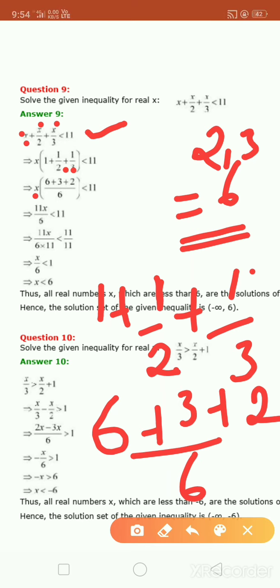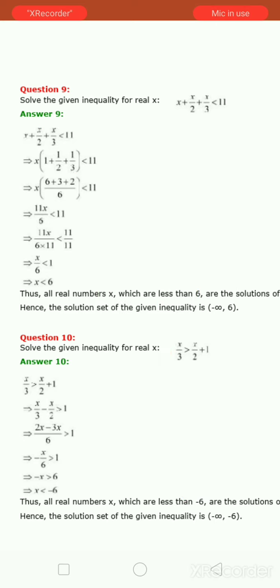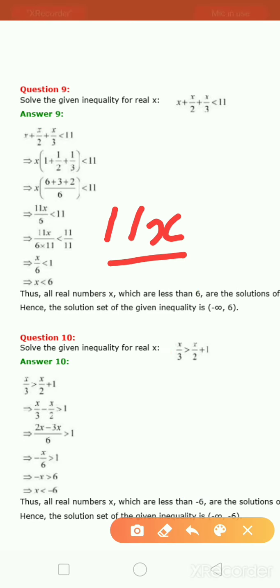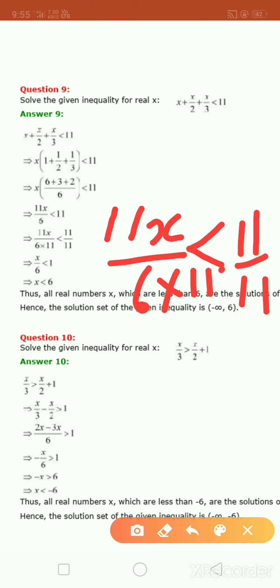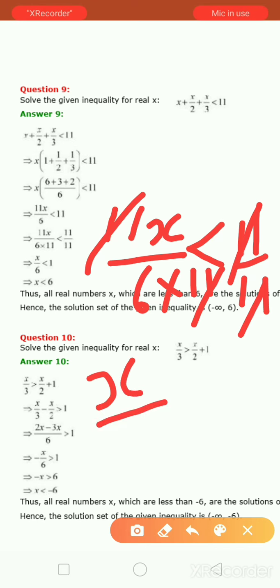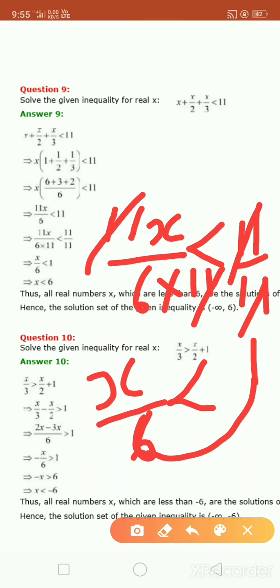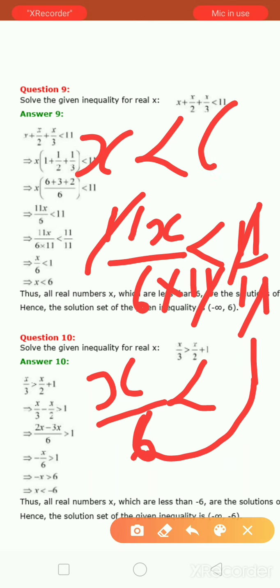In an easy way you can solve it. If you want to remove the 11 from the x term, just multiply by 11 and the 11 cancels. So x by 6 is less than 1. Multiply over here: 6 ones are 6. x is less than 6.